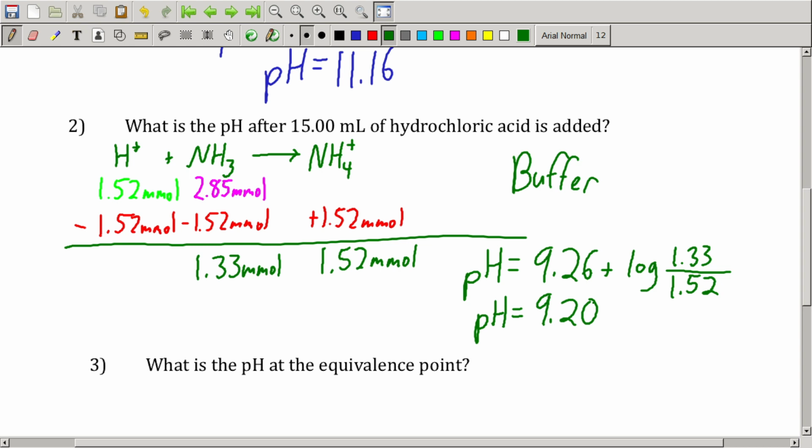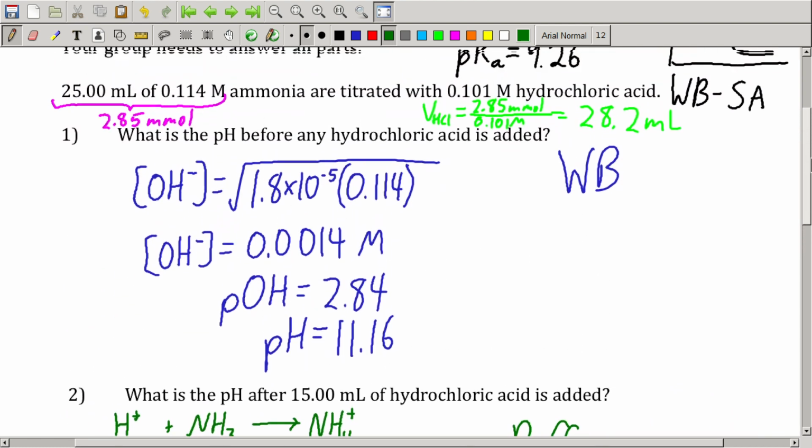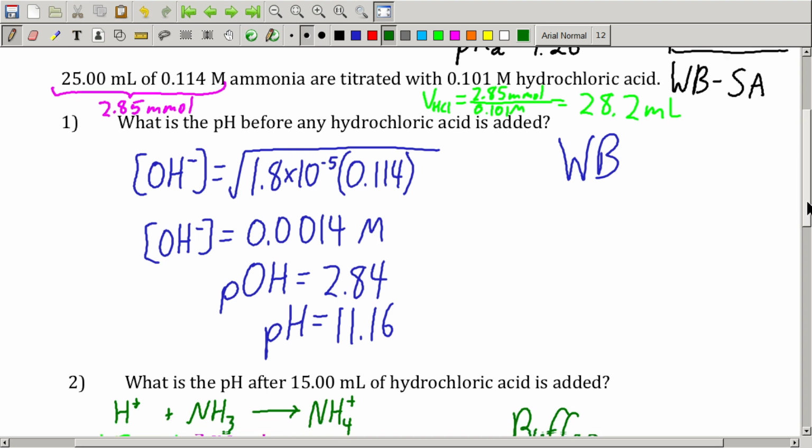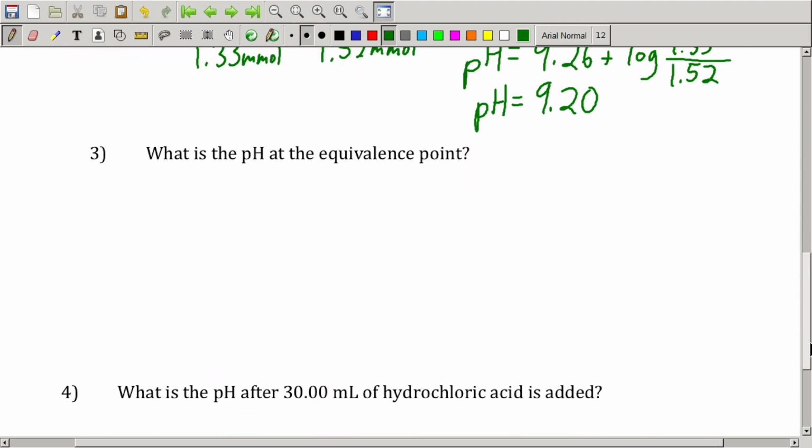All right. I'm not sure we'll finish this, but let's give it a shot. At equivalence, what are we going to have? We're going to have 2.85 millimoles of ammonium ion. Okay, I'm going to shortcut this a little bit.